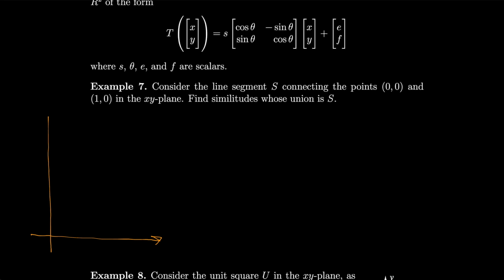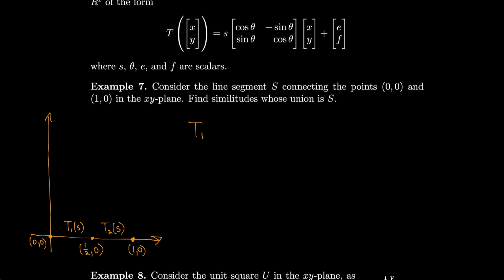Over here would be the origin, and I'll put (1,0) over here. I need similitudes whose union is S, so I need two chunks. One will go from 0 to a half, and one will go from a half to 1. I'll make this one T1 of S, and this other one T2 of S. So S will be those unions.